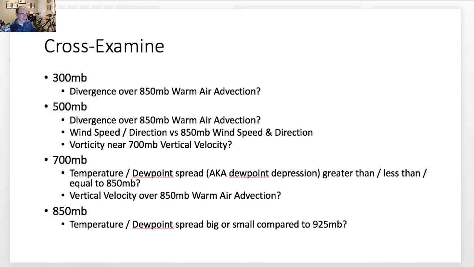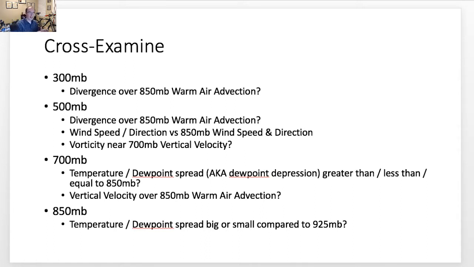At 700, is there what's called the dew point depression? Remember we talked about that earlier in the semester. Is the temperature to dew point spread, that dew point depression, greater or less than or equal to what's happening at 850 millibars?